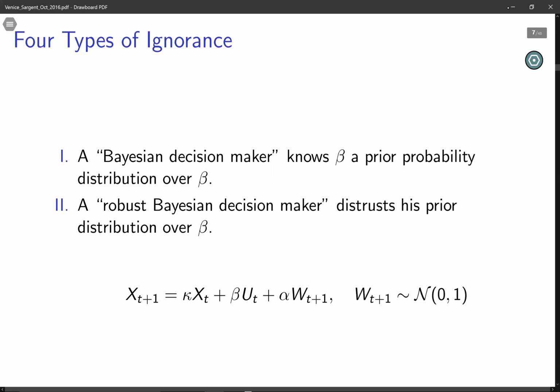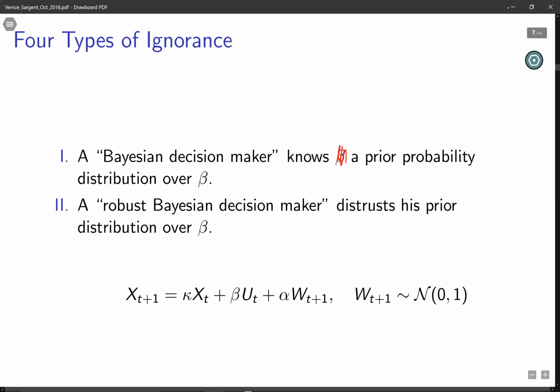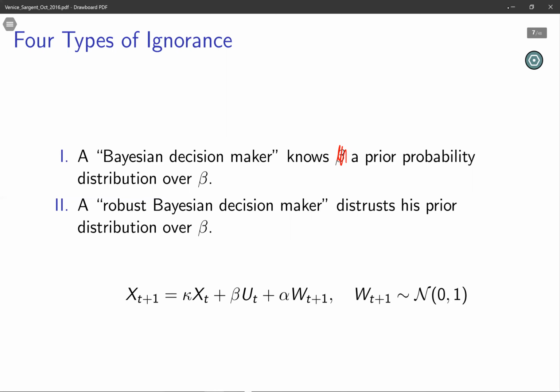Okay. So here are the four types of ignorance, and actually you'll be able to think of more types of ignorance. The first type is Friedman's. There's a Bayesian decision maker. And what he knows is a prior probability distribution over beta. He doesn't know beta, but he knows a prior probability distribution over beta.